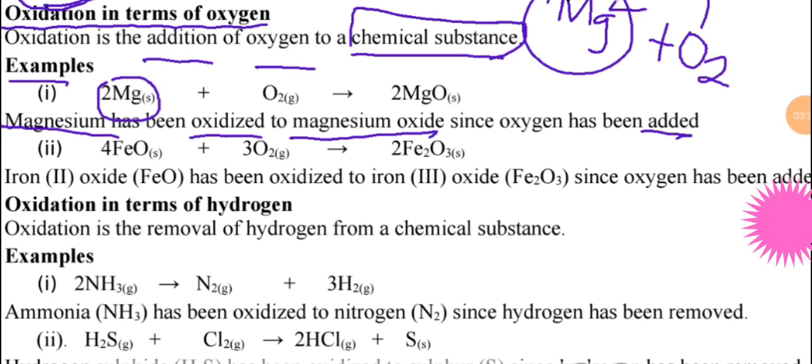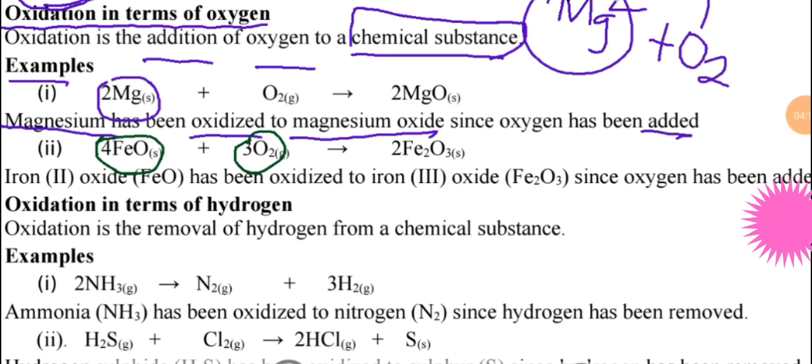Example 2, we have iron(II) oxide. Iron(II) oxide has been oxidized by adding more oxygen to the chemical substance. This iron(II) oxide has one oxygen, but we add more oxygen to it, causing it to have about 3 oxygen atoms in one molecule of the compound.